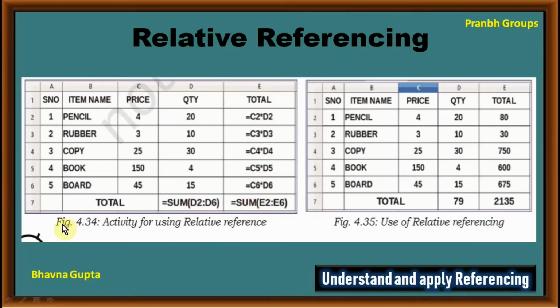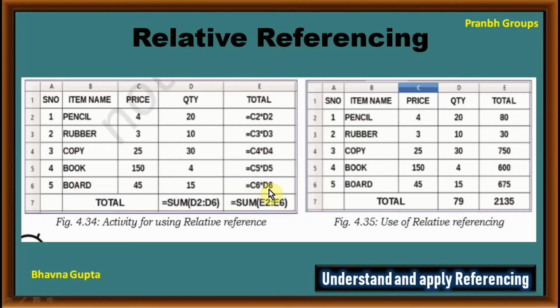In figure 4.34, you can observe that the formula in cell E3 is =C3*D3, in cell E4 it is =C4*D4, in cell E5 it is =C5*D5, and in cell E6 it is =C6*D6.